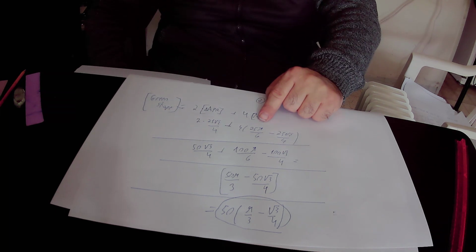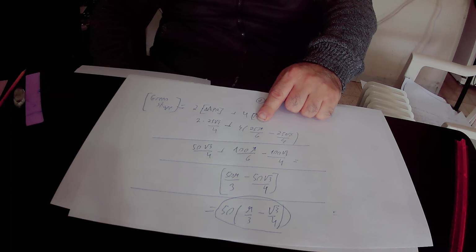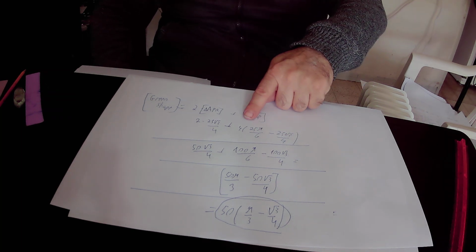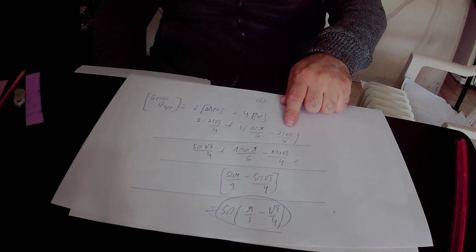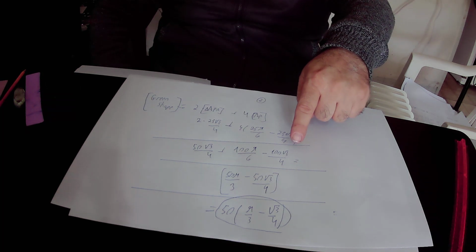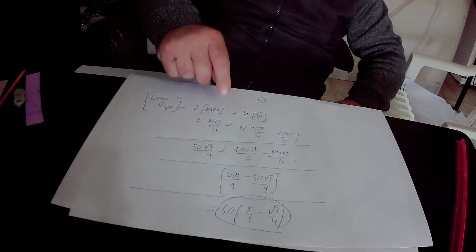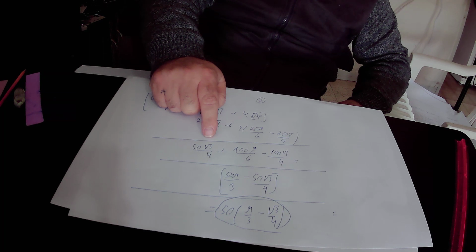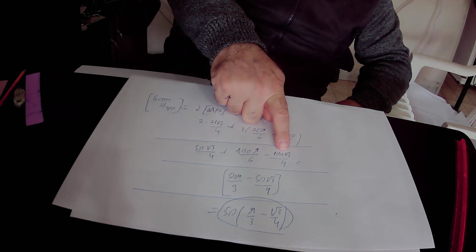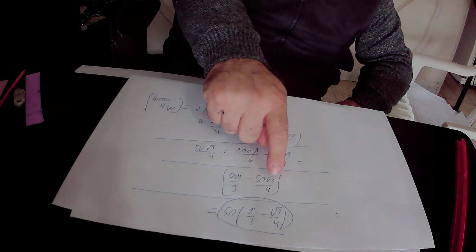And here 4 times 25 is 100, so this expression equals 100 pi over 6. And here 4 times minus 25 is minus 100, so this expression equals minus 100 times square root of 3 over 4. So here 50 times square root of 3 over 4 minus 100 times square root of 3 over 4 equals minus 50 times square root of 3 over 4.